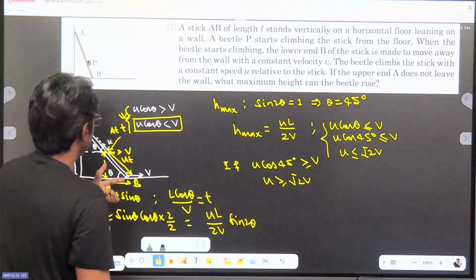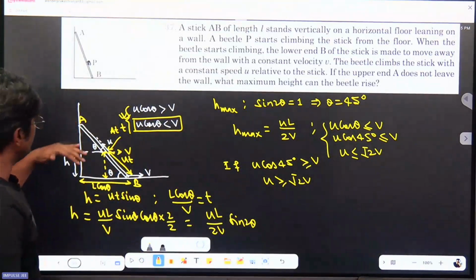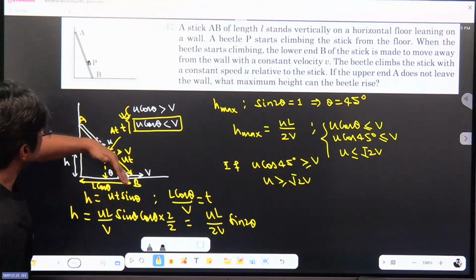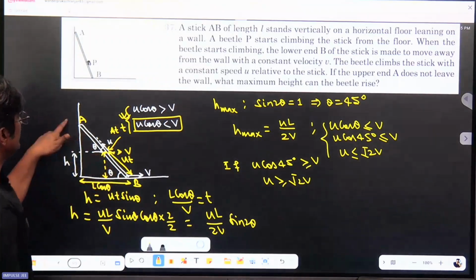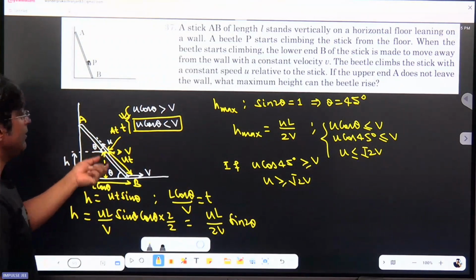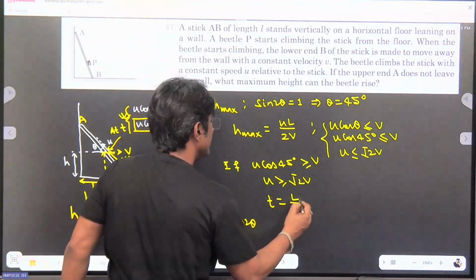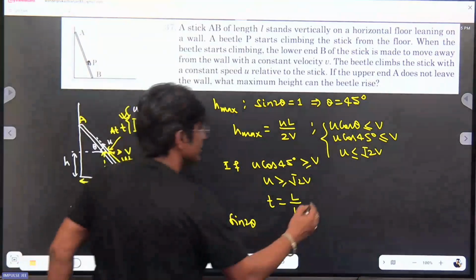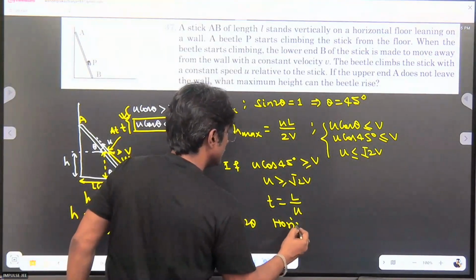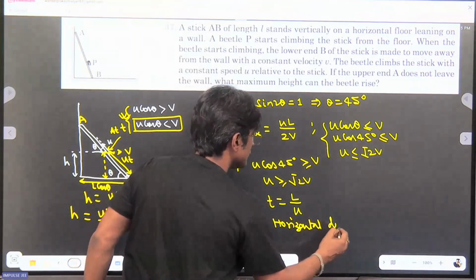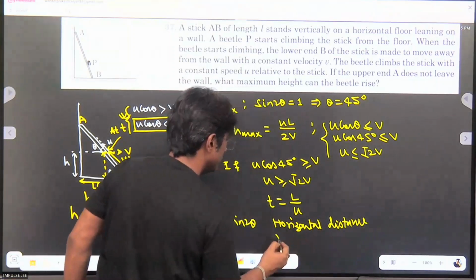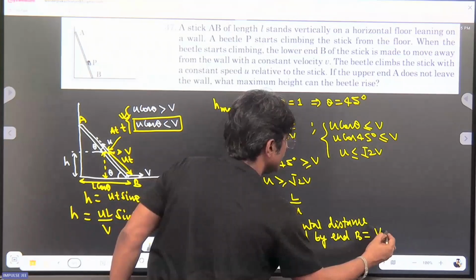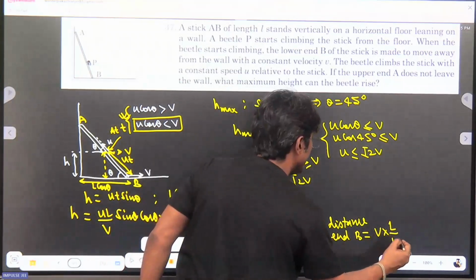So in such a situation, the beetle reaches the top before the stick is completely going to fall down, or before the height starts falling. So the time taken by the beetle to reach from B to A will be simply L by u. The horizontal distance moved by end B will be v times this time, which is L by u.